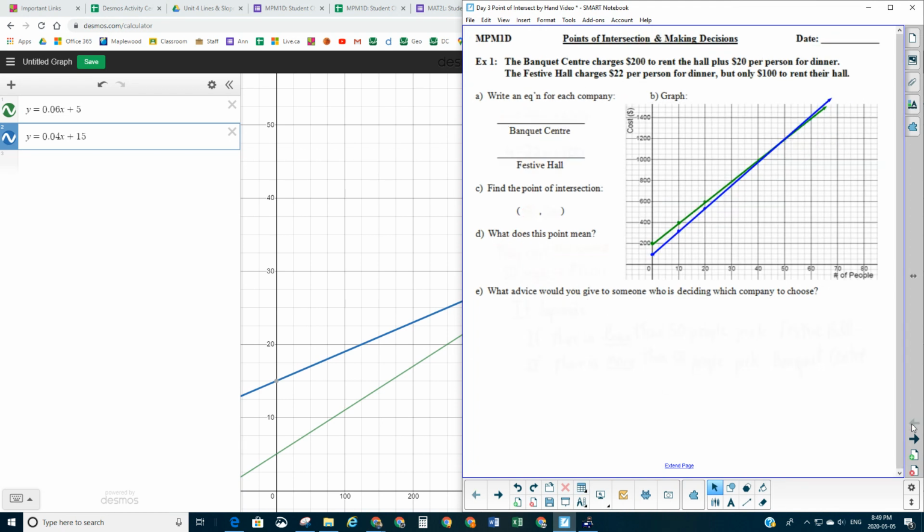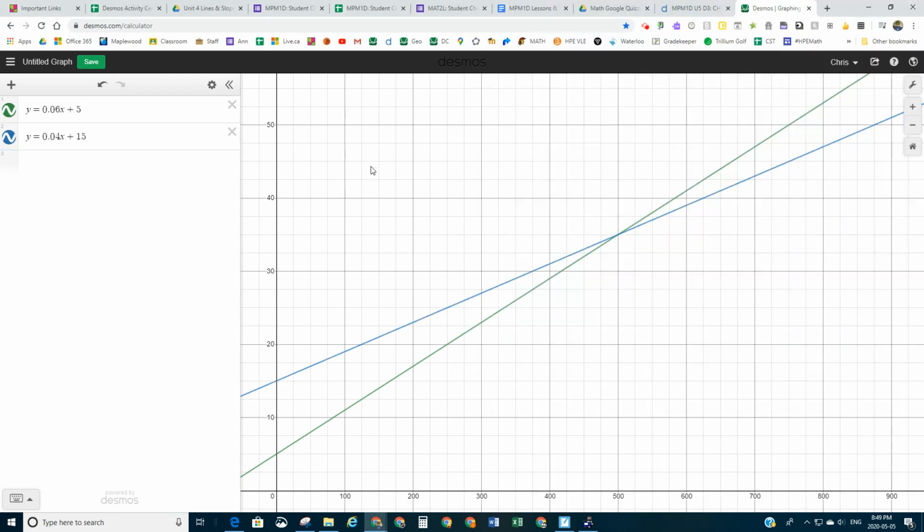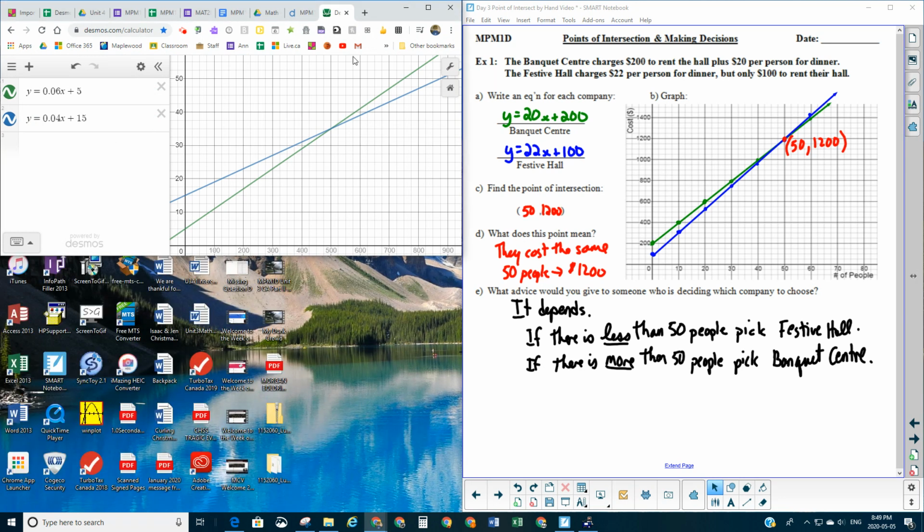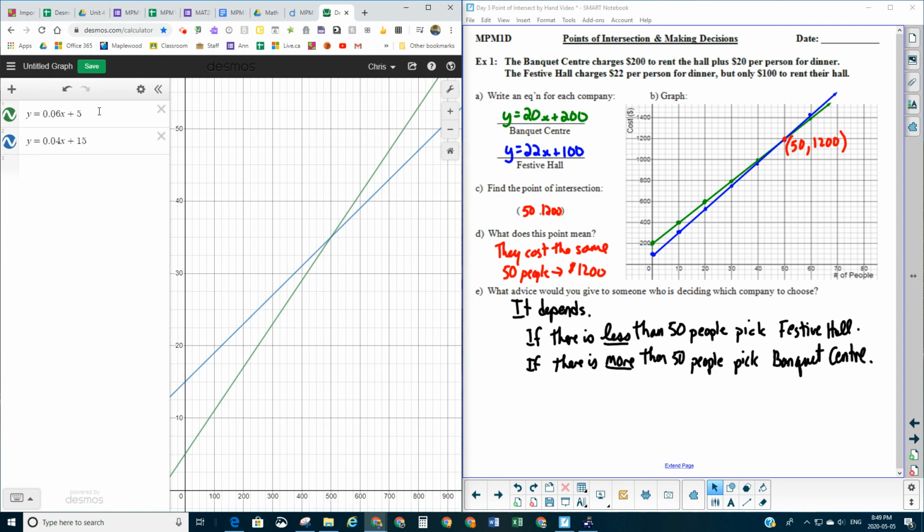So the other one was right here. So let's go back to split screen. Okay, so we're going to change this to 20x plus 200. And this one we're going to change to 22x plus 100.